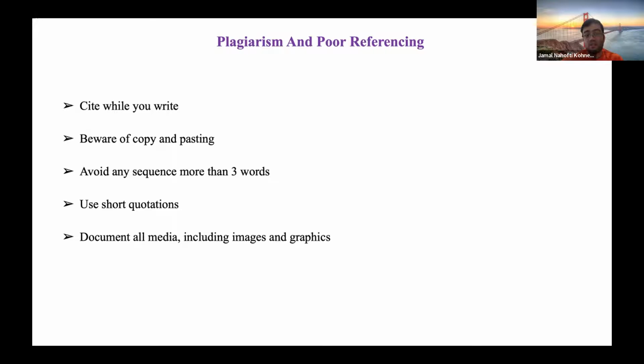But the most important thing is that you need to document all media, including images and graphics. So you need to cite whatever you use from others, not just the study, but also the images and graphics.